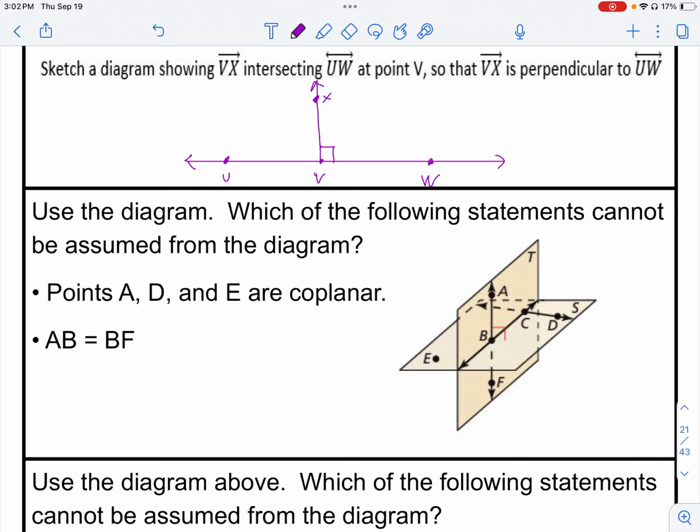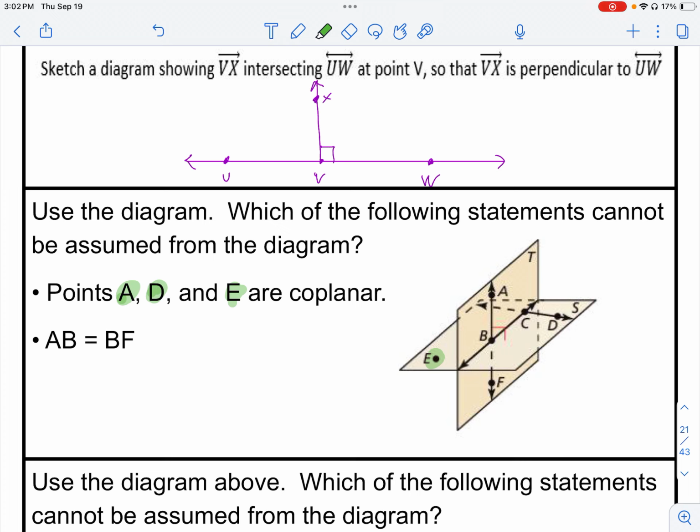All right, here we're going to use the diagram. Which of the following statements can we not assume from the diagram? Points A, D, and E are coplanar.